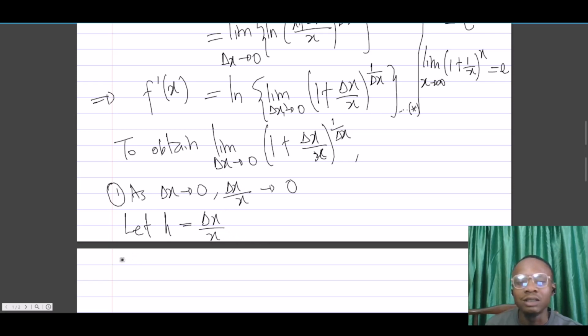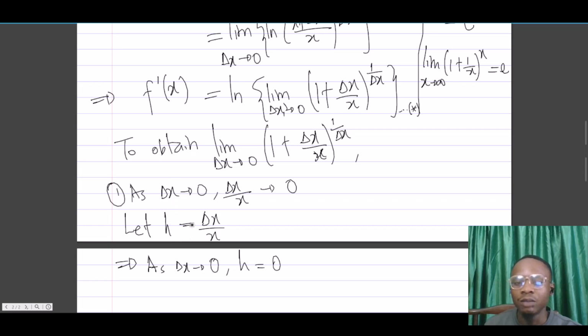So if that is the case, that implies that as delta x approaches 0, we are sure that h also approaches 0. And if that is the case, it means that we can replace delta x by h. That means we want to change the variable completely from delta x to h.